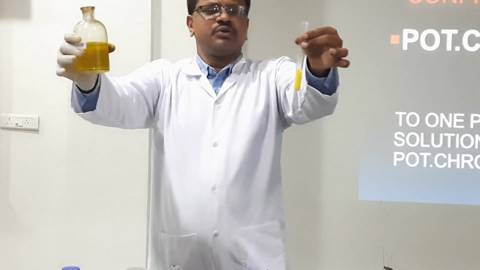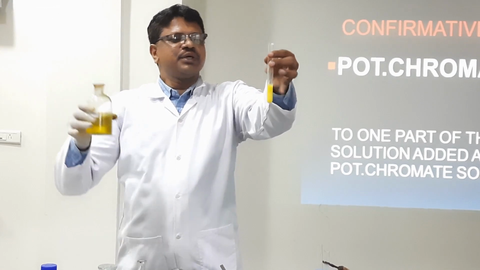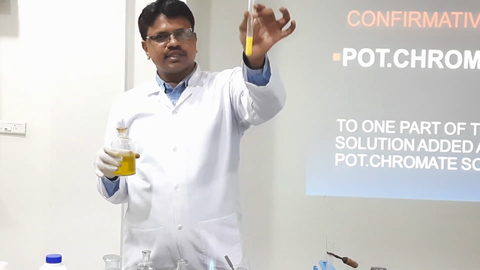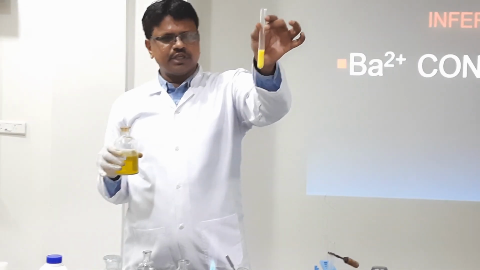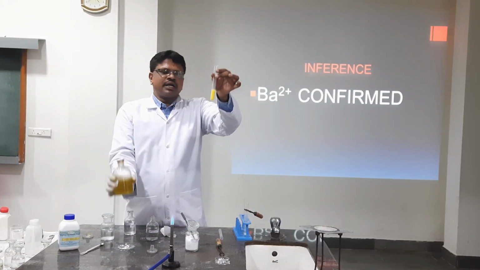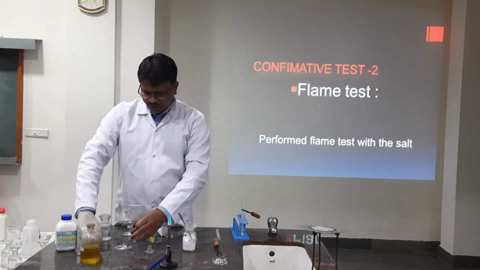You can see this yellow color is different. So this is a curdy-like yellow precipitate that is going to form. This confirms presence of Ba2+. Yellow precipitate confirms presence of Ba2+ ion. So another confirmatory test we have already done. Again, if you want, I will show you that confirmatory test.